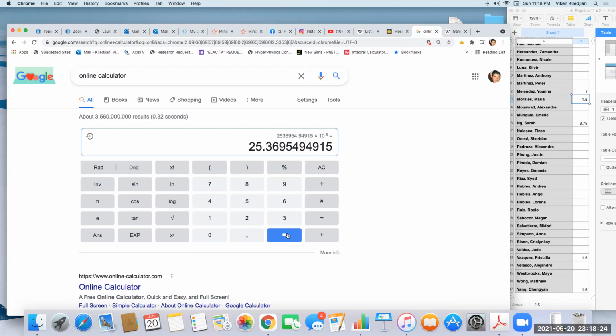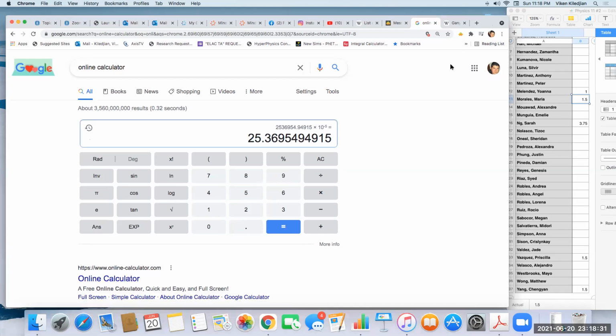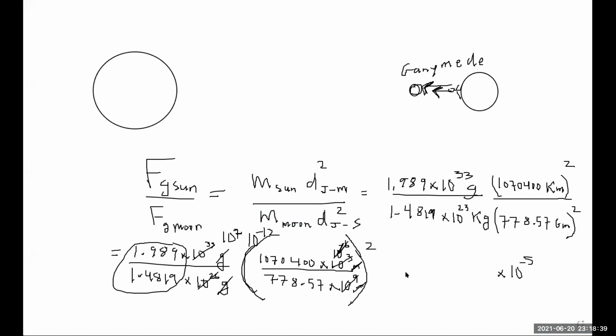Oh, 25.4. Ooh, so what does that mean? It came out like a decent number. That means the force of gravity of the sun, even with the 10 to the minus 5, came out 25.4.